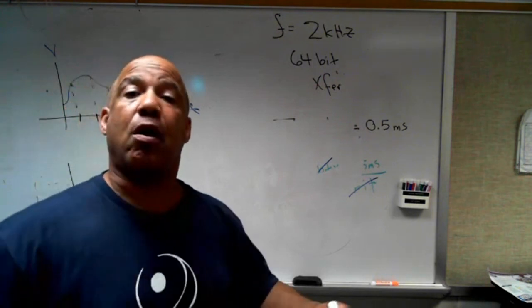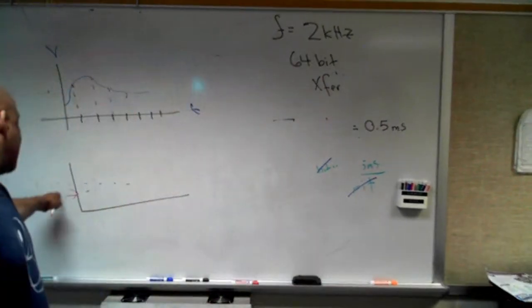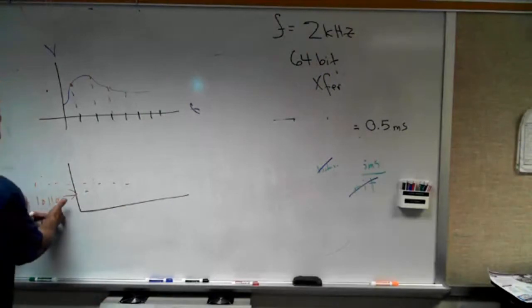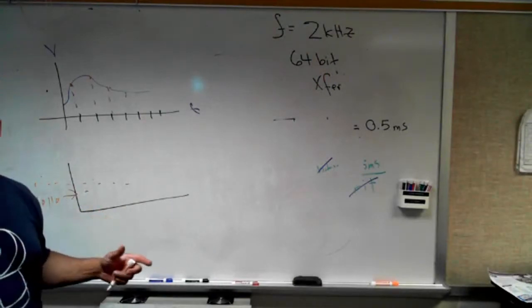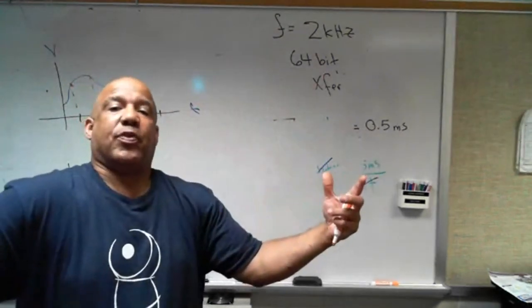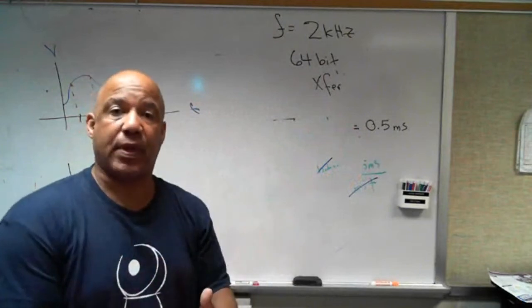The ones and zeros are what I duplicate. So that's the reason why, number one, I can make a copy of a copy of a copy, because I'm basically just reproducing the number. And it's also the reason I can compress it, because I can take a bunch of numbers and I can use an algorithm to kind of just reduce the number of bits I'm using to represent that number. I can compress it.